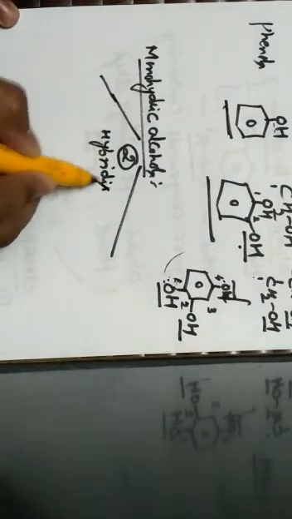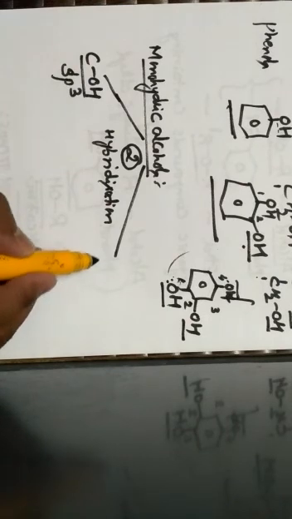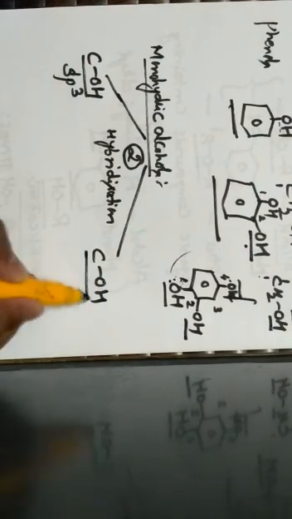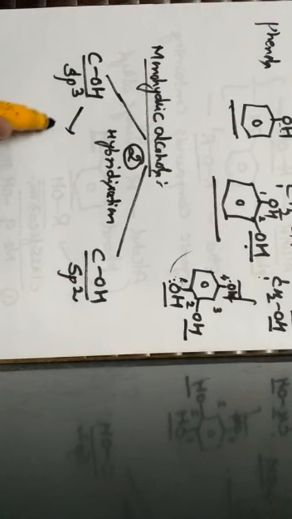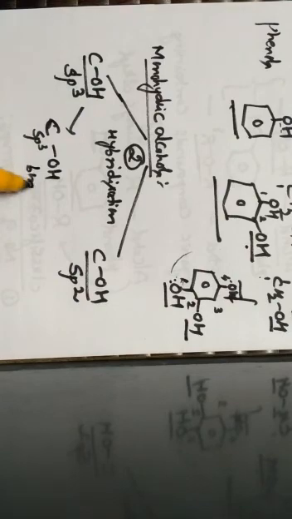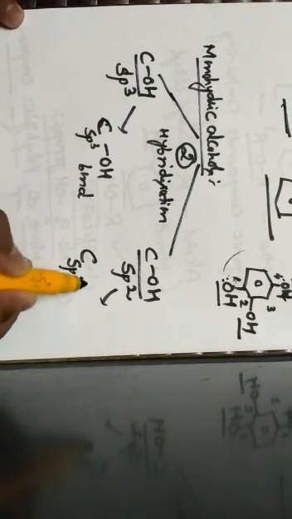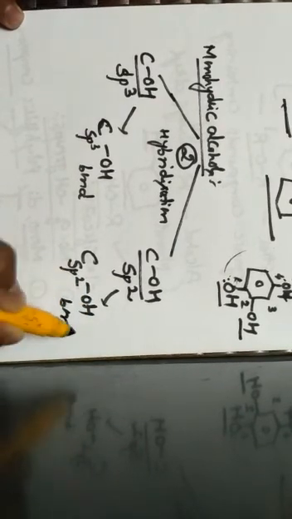The first type is where the bond between carbon and the OH group possesses sp3 hybridization, and the second is where the bond between carbon and the OH group possesses sp2 hybridization. This can be represented as a carbon sp3 hybridized with the OH bond, or a carbon sp2 hybridized with the OH bond.